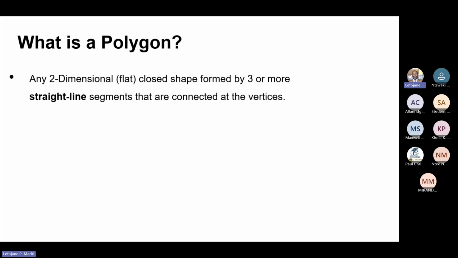A polygon should be understood in this context, grade nines, as any flat shape formed by at least 3 straight lines that are connected.